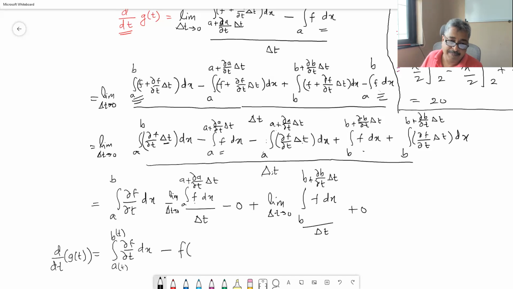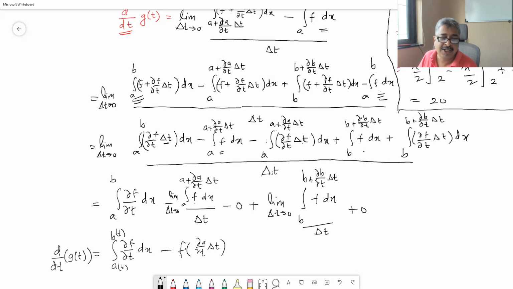It comes out, and practically you are just integrating dx, so it is x, and therefore upper limit minus lower limit, and that is f, which is constant, into del a by del t into delta t.